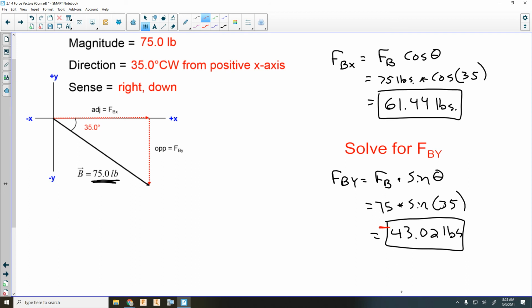It's going down. That negative is really important. If we were in a truss calculation and we had the wrong sign, we'd have a problem. It's 61 to the right, that's positive. 43 down, that's negative. That's important. Good call, Sean.